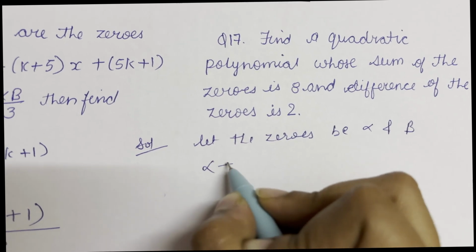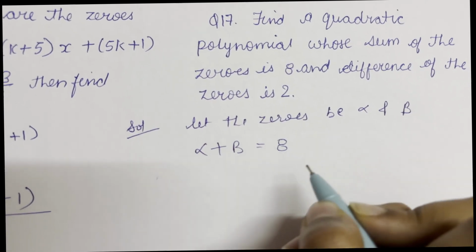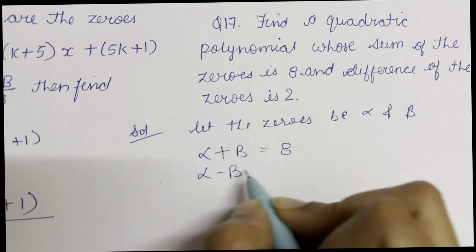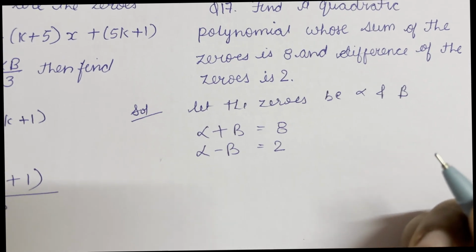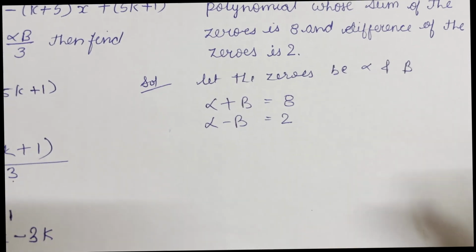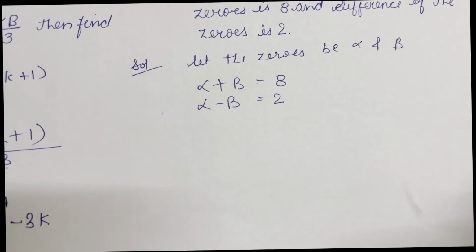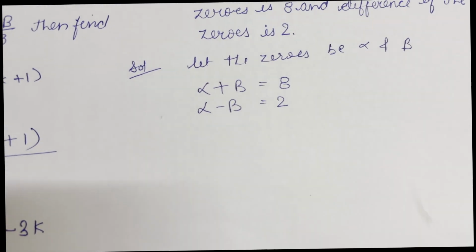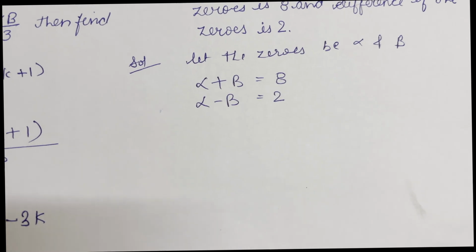So alpha plus beta is 8 and alpha minus beta is 2. Here we got two linear equations, and they can be solved by any method: substitution, elimination, cross multiplication. The easiest one here is the elimination method.